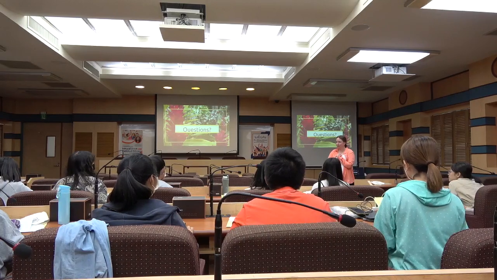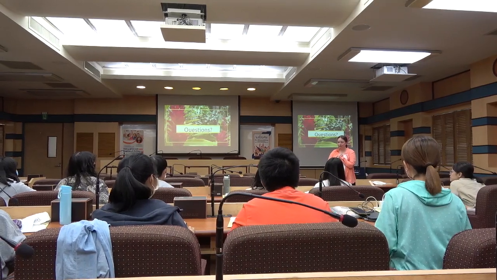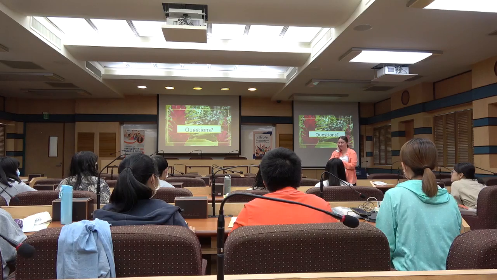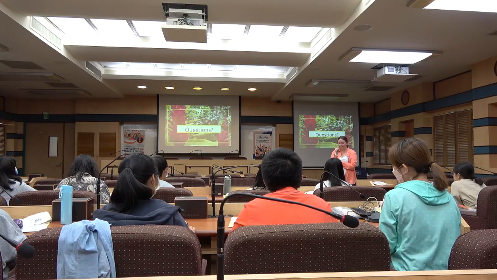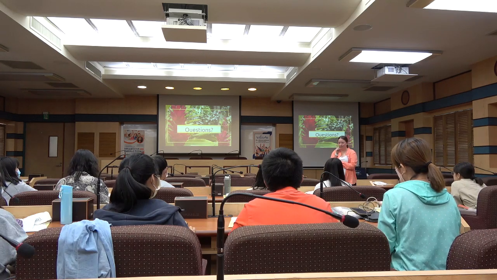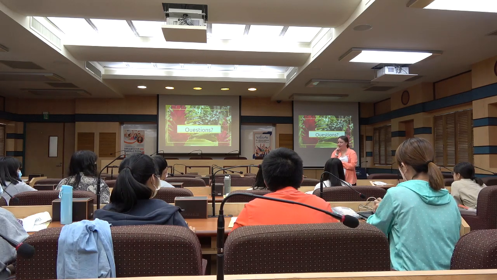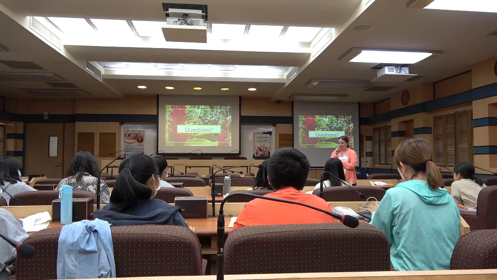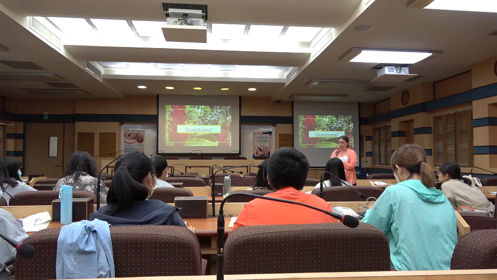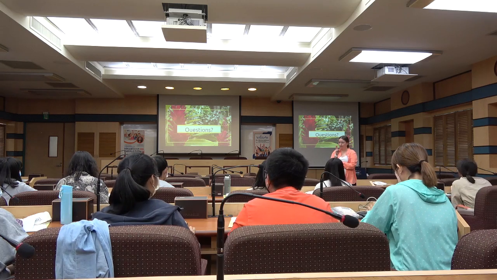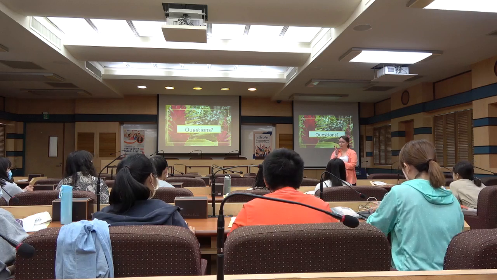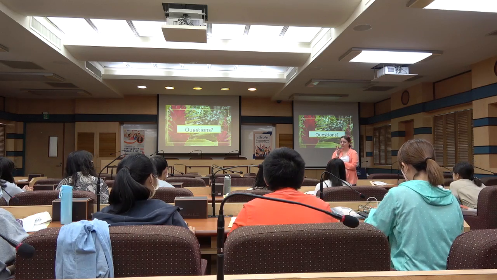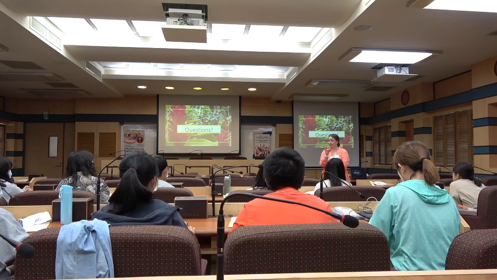Did you learn something today? Do you remember the six features? Try it in your head. What do you have to do for an EMI lesson? Vocabulary, teach vocabulary. What else? Scaffolding. What else? Language and content.